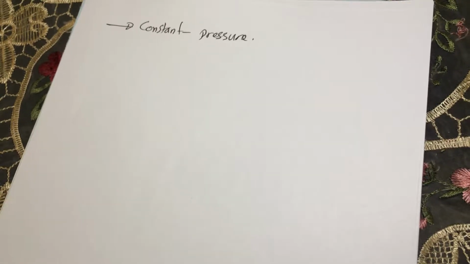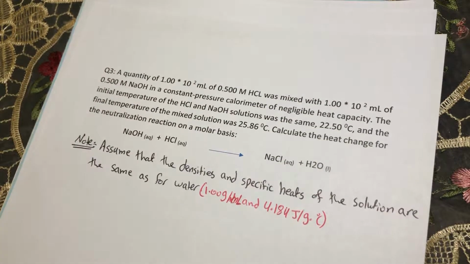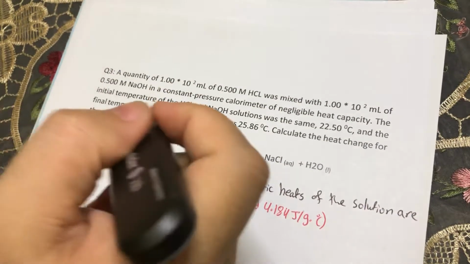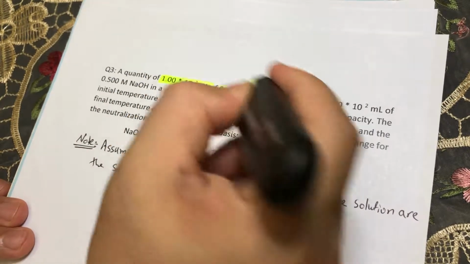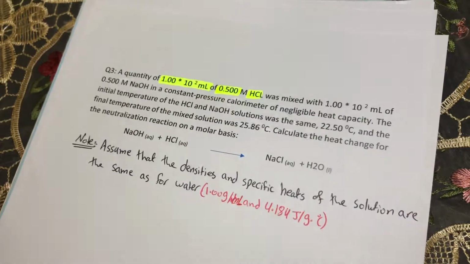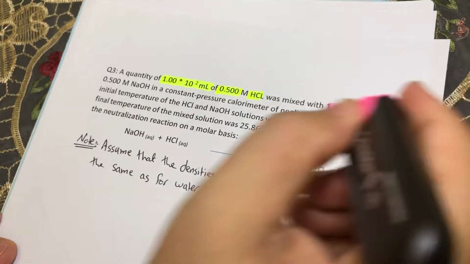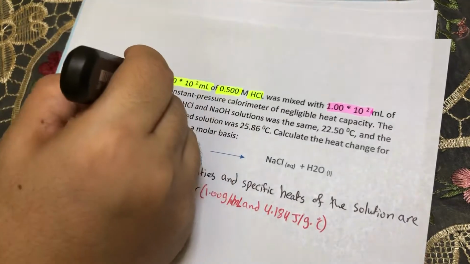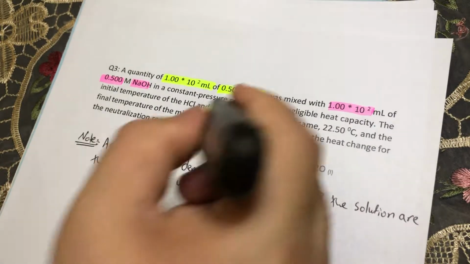Let's solve another example, and this is the last example. A quantity of 100 ml of 0.5 molar HCl was mixed with 100 ml of 0.5 molar NaOH in a constant pressure calorimeter of negligible heat capacity.